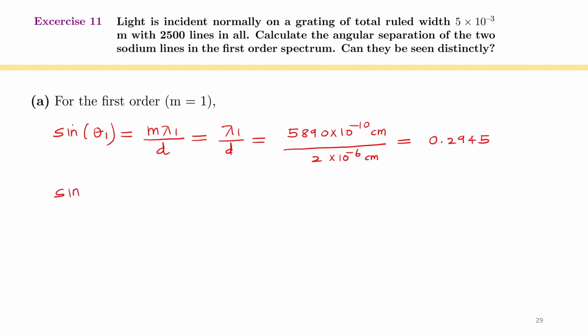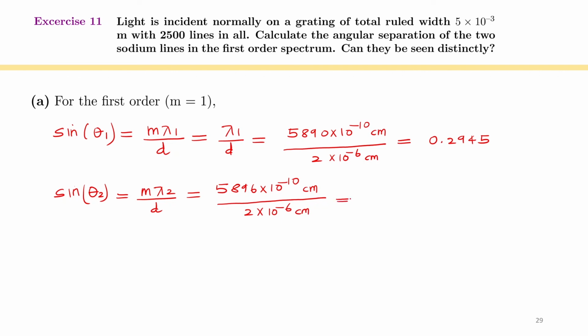And sine theta 2 is equal to m lambda 2 over d, that is 5896 times 10 raised to minus 10 divided by 2 times 10 raised to minus 6, and this is equal to 0.2948, and this is 17 degrees 9 minutes. This will be 17 degrees 8 minutes.